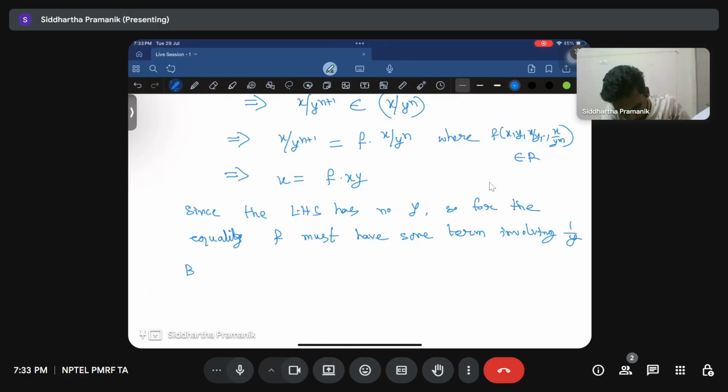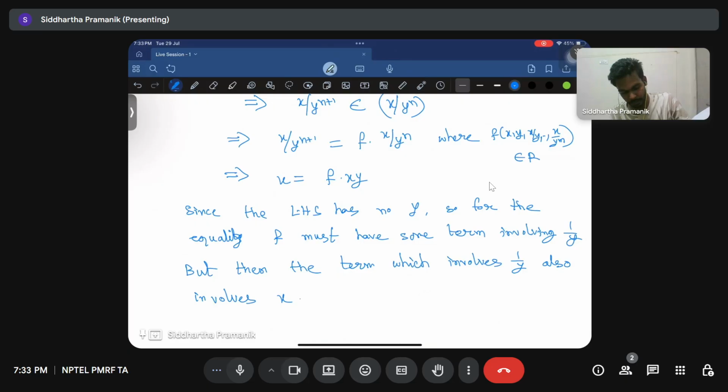But then the term which involves 1/y also involves x.